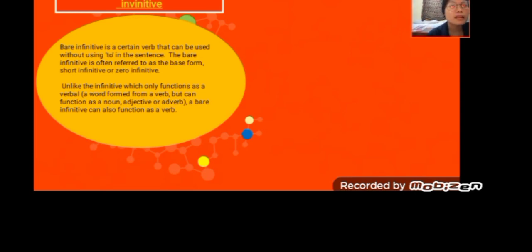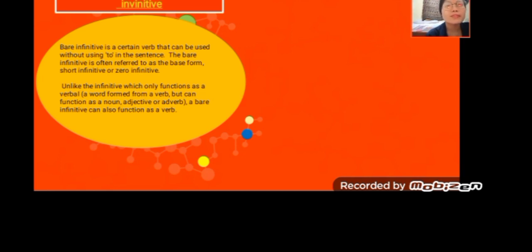Next material, causative verb with bare infinitive. Bare infinitive is a certain verb that can be used without using to in the sentence. The bare infinitive is often referred to as the base form, short infinitive, or zero infinitive.